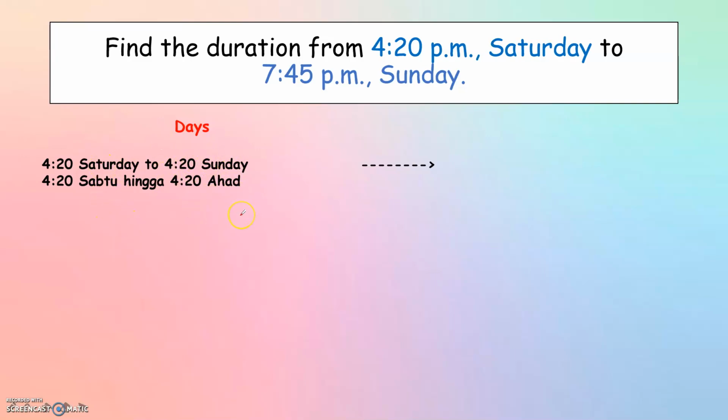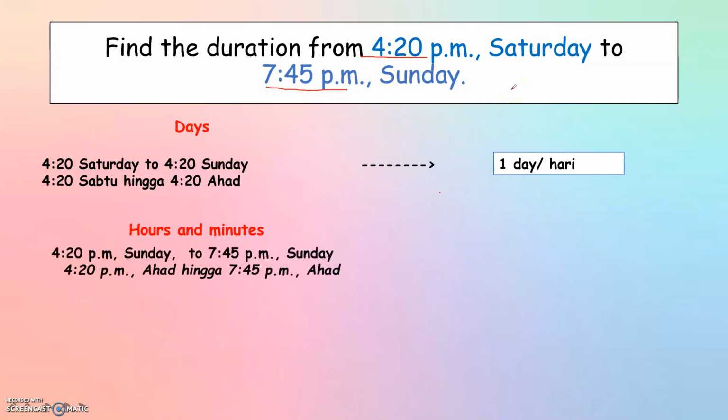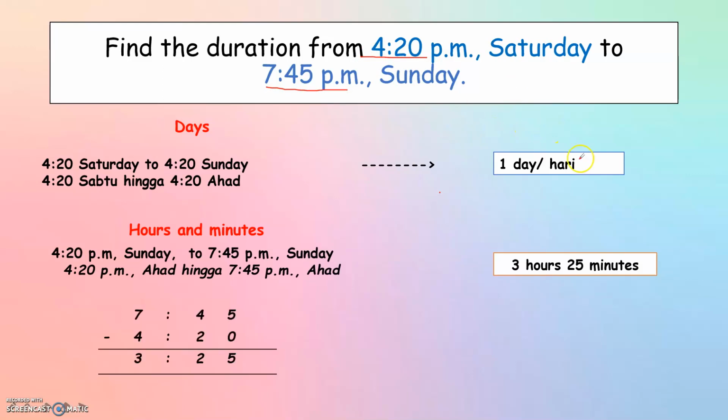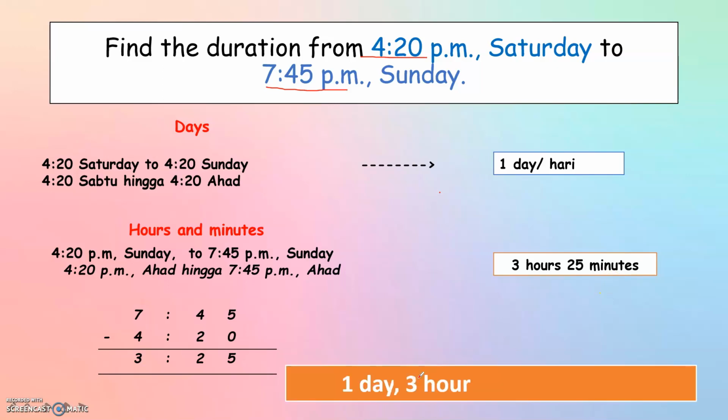Saturday to Sunday. Only 1 day. Okay. Then hours and minutes. If we want to find the hours and minutes, we should subtract 7:50 minus 4:20. The answer will be 3 hours 25 minutes. So the answer for the question is 1 day, 3 hours and 25 minutes.